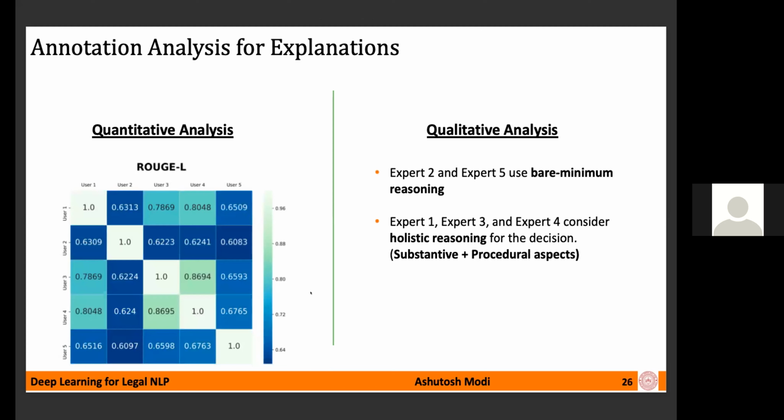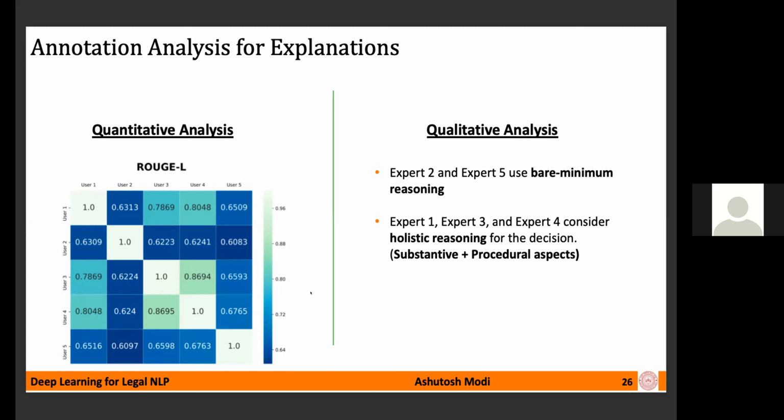Similarly, for the task of explanation for the prediction, we conducted both quantitative and qualitative analysis. The qualitative analysis revealed that experts 2 and 5 often use bare minimum reasoning leading to the final judgment, instead of looking at the exhaustive set of reasons, and did not always cover both the substantive and the procedural aspects.